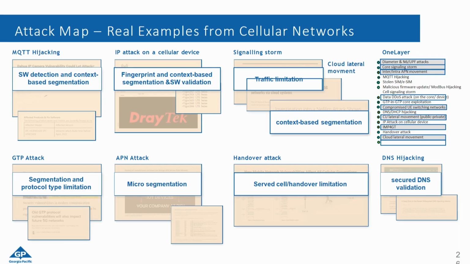Outside of the visibility, we're now also able to have performance monitoring of those assets, and prevent the lateral movement that was the key thing we were looking to solve for. Earlier I mentioned the common attacks that we came across from our research in the private cellular environment, and by leveraging the technology, all these items were addressed.